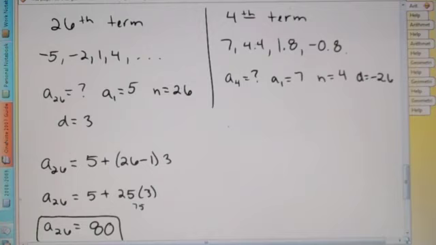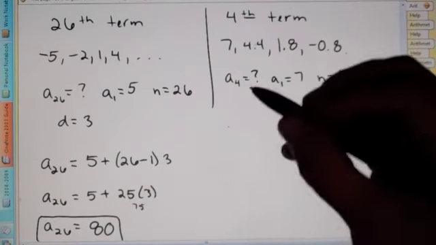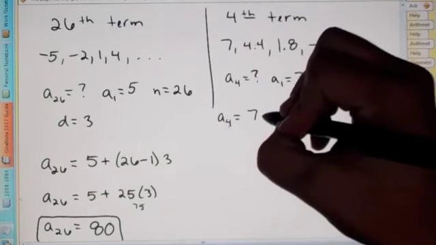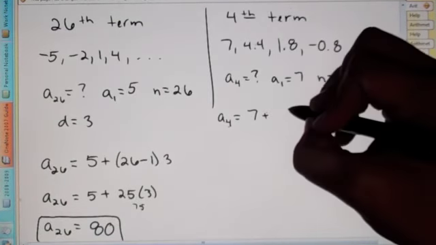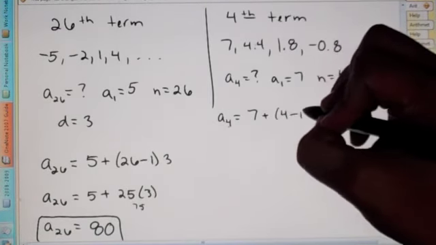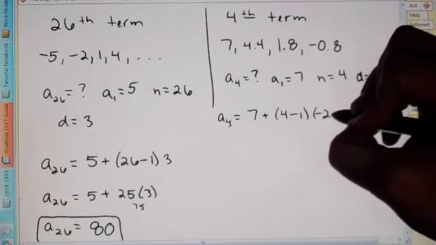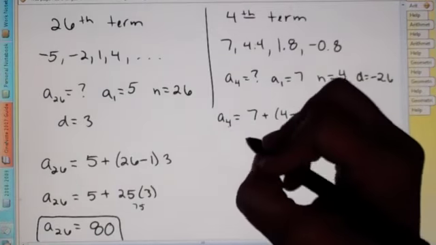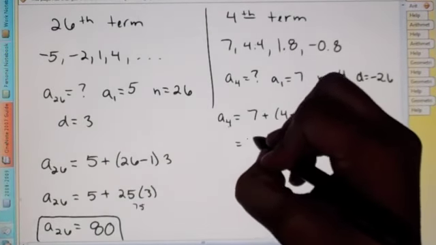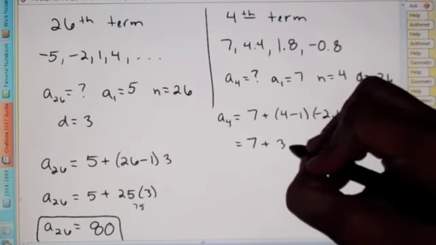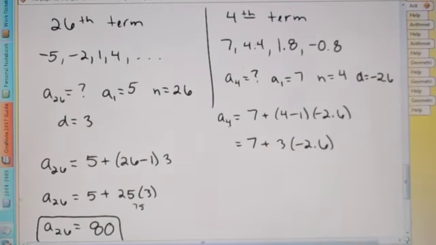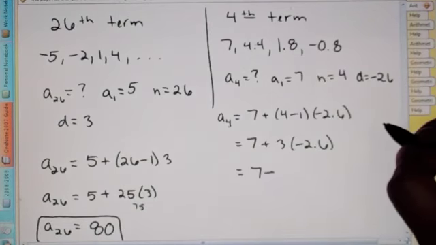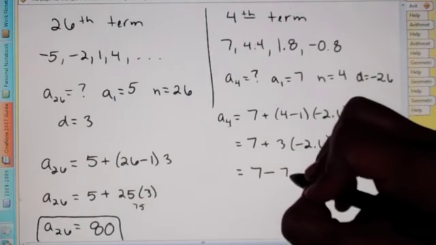Let's plug into our formula. a sub 4, which we don't know, is equal to our first term plus 4 minus 1 times negative 2.6. Always do inside the parentheses first. So this is equal to 7 plus 3 times negative 2.6. 3 times negative 2.6 gives us negative 7.8.